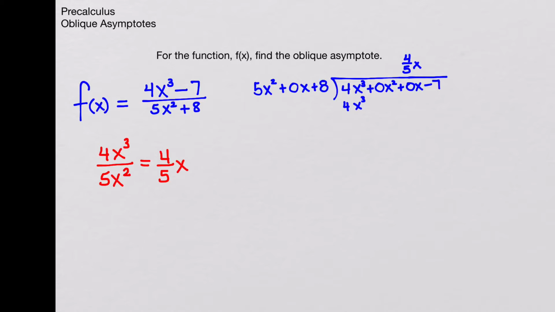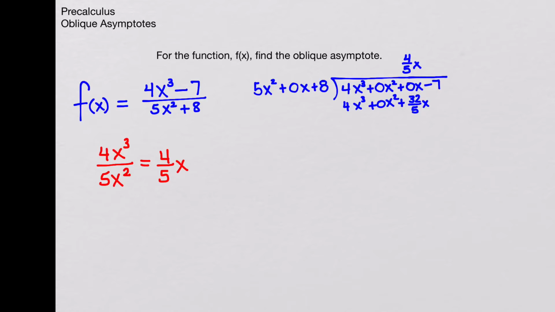Then we have 4/5 x times 0x, and that just gives me a 0x squared. And so you can see how everything lines up very nicely. And then 8 times 4/5 x is going to give me a plus 32 over 5x.